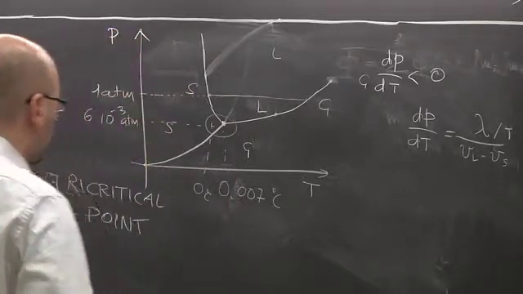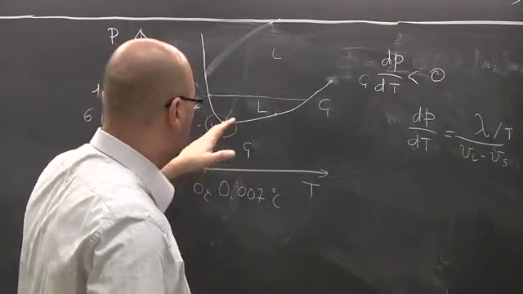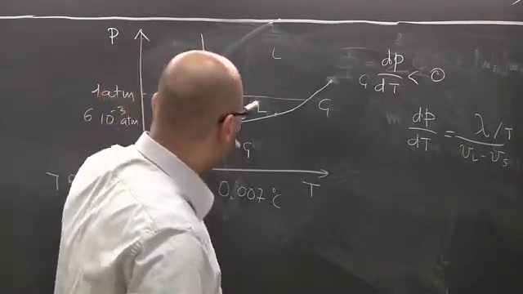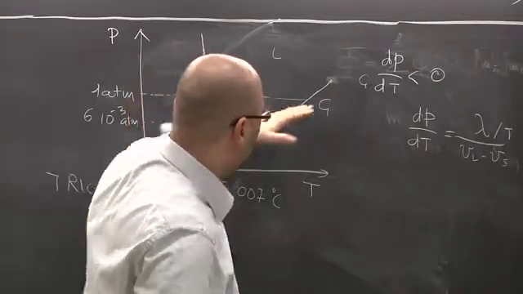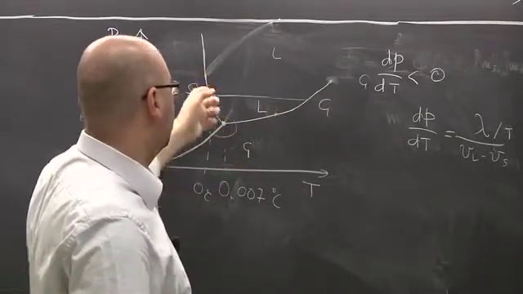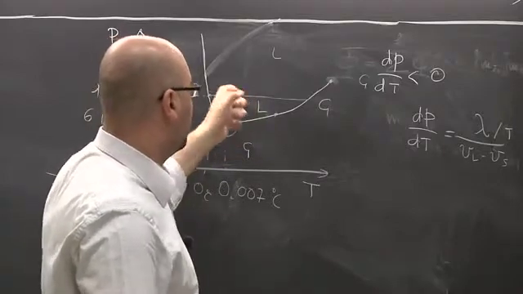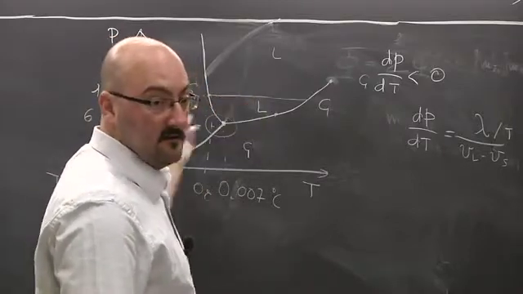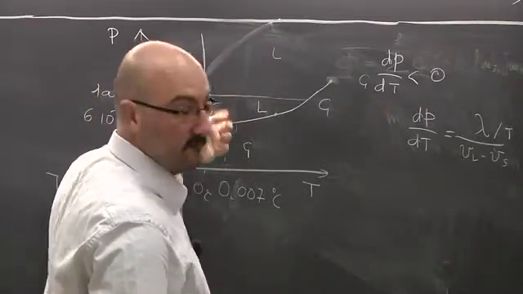All right. And also the other thing that I wanted to stress is that the derivatives dp by dt are positive on the other two lines, because the only anomaly is the difference in the density of liquid and solid, in this region here.